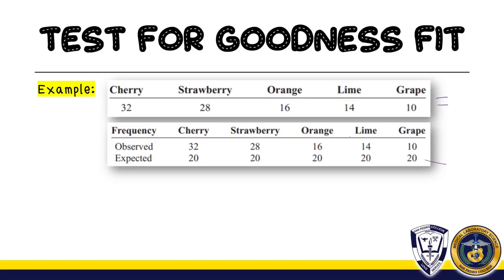And for the observed, ano yung actual data? Ano yung actual number of people that really bought that certain soda flavor? Again, if hindi lang po na-mention yung expected. But if there are problems which really mention the expected frequency, then you use that one.